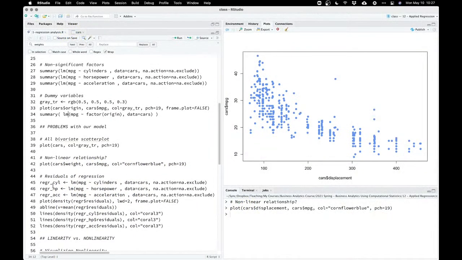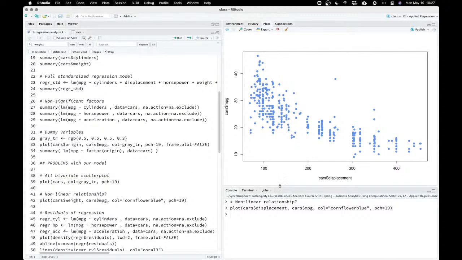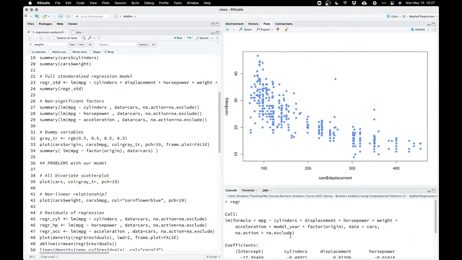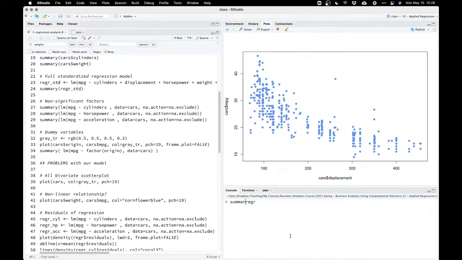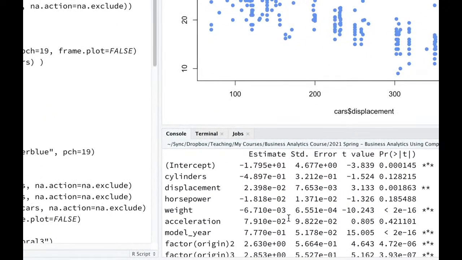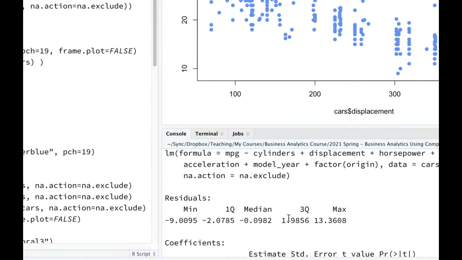Well, let's take a look at some residuals. So remember I did this full regression earlier, and that was this full regression summary of all our variables trying to estimate miles per gallon.